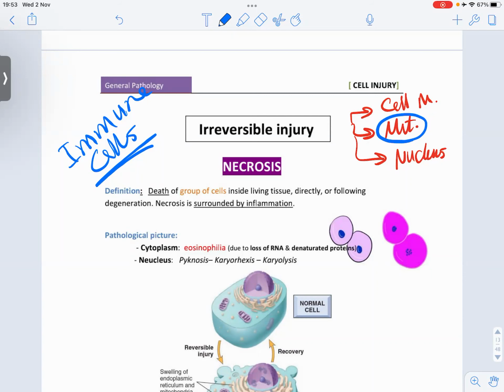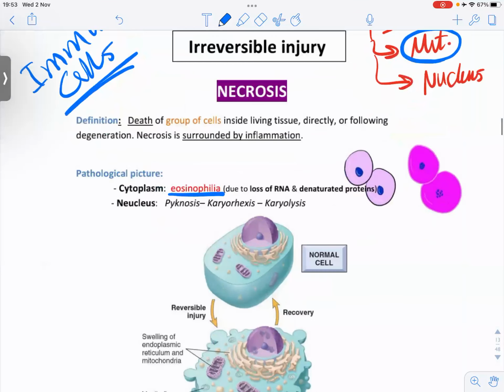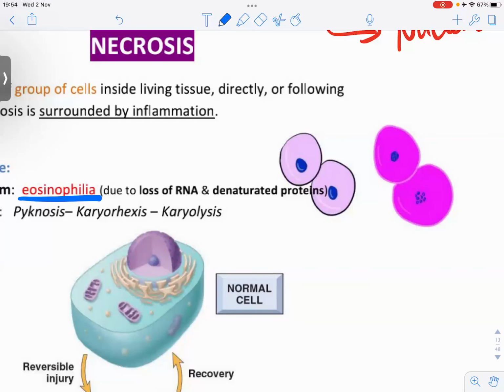Okay, in the pathological picture, when you look at the dead cell, what are you going to see? Of course, eosinophilia. Eosinophilia means red color. Why red color? Because of two things. First of all, inside the dead organelles there are a lot of proteins.